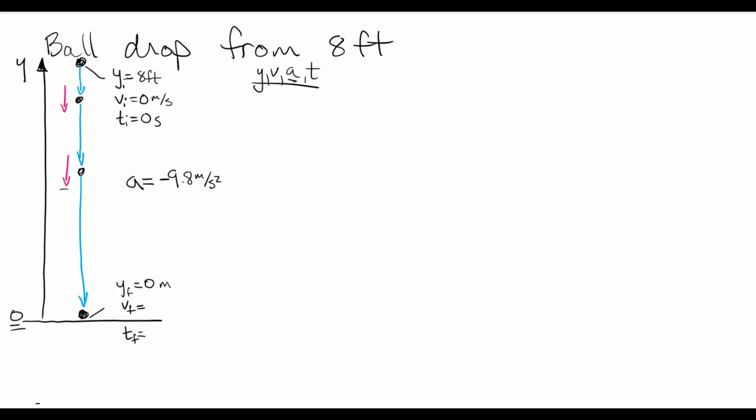So now we're ready to take what we've set up, our nice visualization and our nice definition of the things we know about the problem, and apply our kinematic equations for constant acceleration. If you recall, the first one was V final is equal to V initial plus acceleration times delta t.